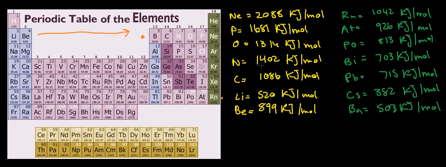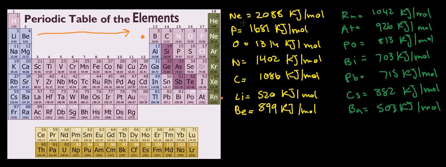And if I think about why that is, I'll have to think back to my electron orbitals where I was filling in boxes like this. And I think about the valence electrons. I know that neon has the most stable configuration.